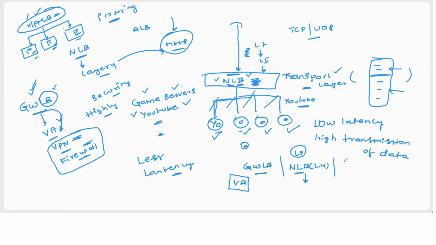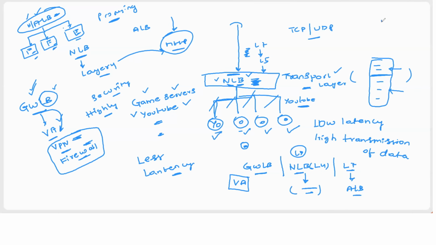Whereas if you want to perform different kinds of advanced load balancing techniques, go for ALB. So YouTube, video streaming platform, content streaming platform, there NLB comes in very handy, because with NLB there will not be any kind of delay. And when you are using YouTube or these kind of content streaming platforms, delay is not expected.